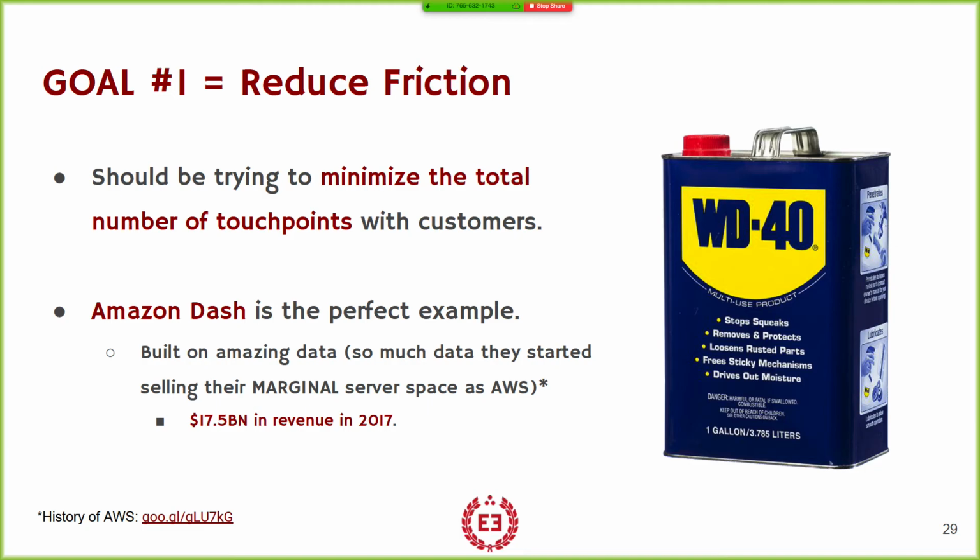But what happened is they were so data obsessed that they were having to buy so much volume in server space that they hit this tipping point where they could actually buy even more at a marginally low cost and then resell it at a higher profit. So they started doing that. And that's turned into an $18 billion channel of revenue for them by selling their marginal space.